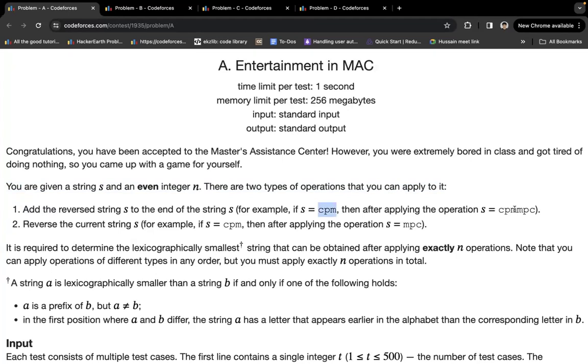Otherwise, reverse the current string s. You have to perform exactly n operations. Note that you can apply operations of different types in any order, but you must apply n operations in total.